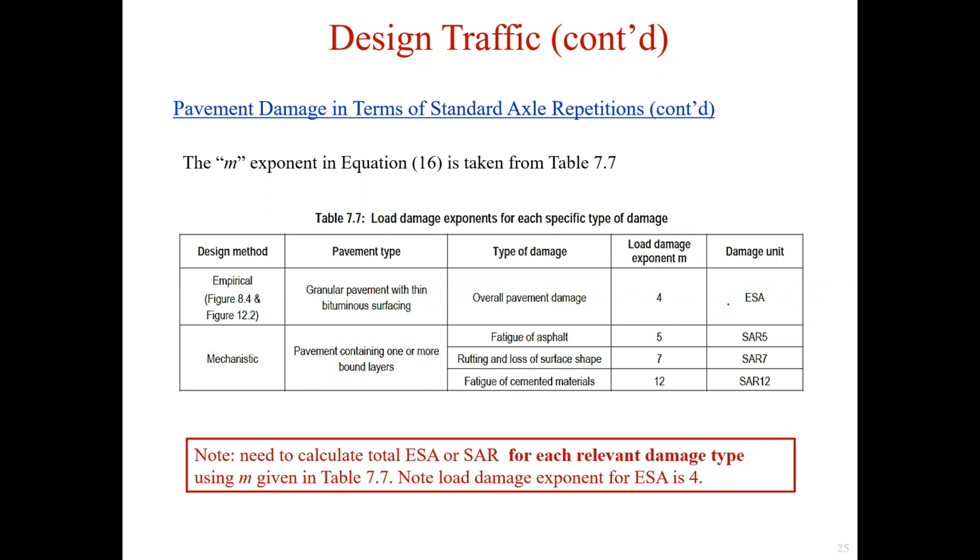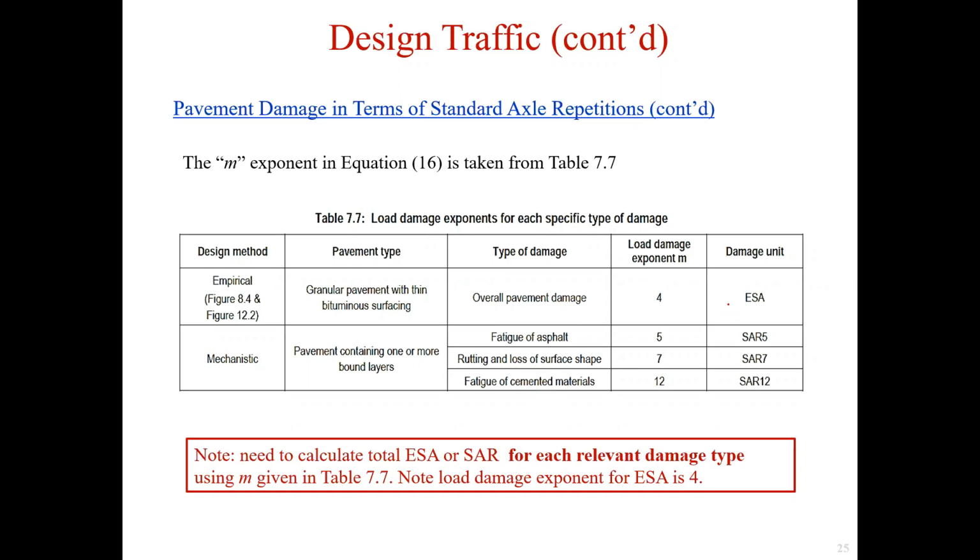Within the mechanistic design of pavement with one or more bound layers, the fatigue damage of asphalt has a damage exponent of 5 and damage unit of SAR5. While rutting and loss of surface shape has a damage exponent of 7 and damage unit of SAR7.